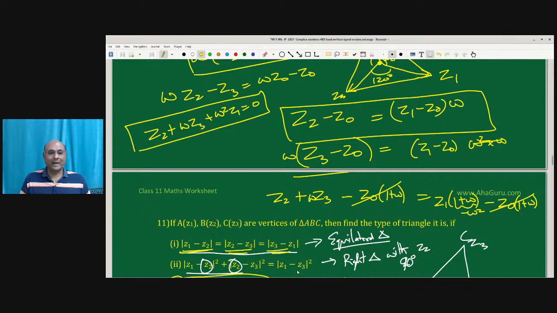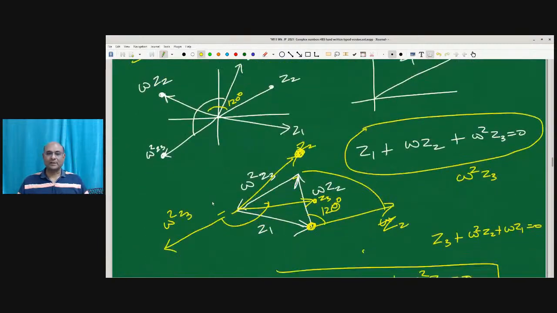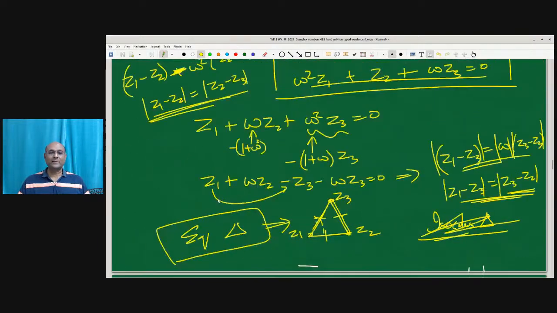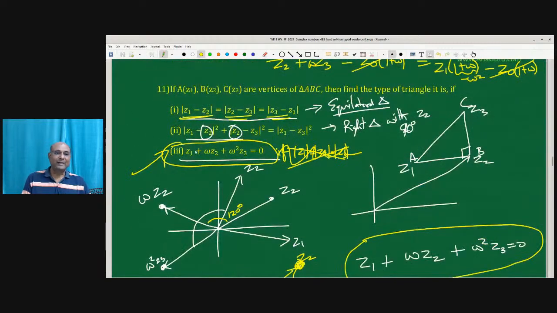And if I multiply by omega, I'll get whatever I started out with. I'm just telling you how the question was first framed. I started out with an equilateral triangle and showed that this must be true. And if you use this, you can derive that it must be an equilateral triangle. It's a little complicated, I know.